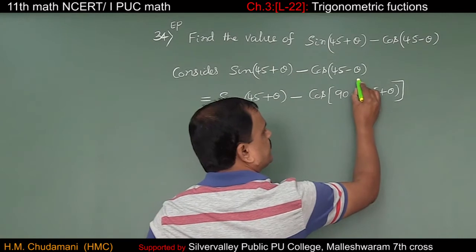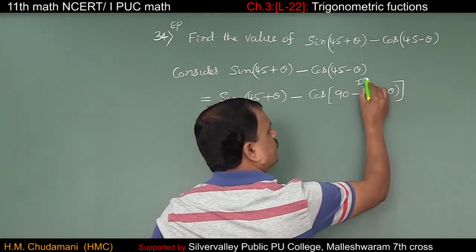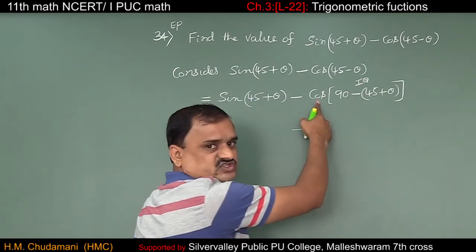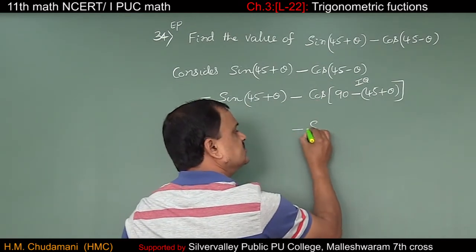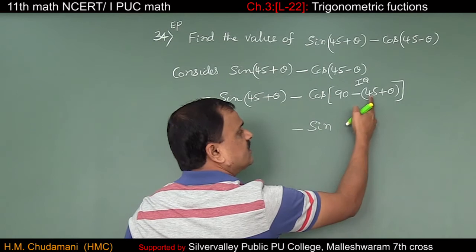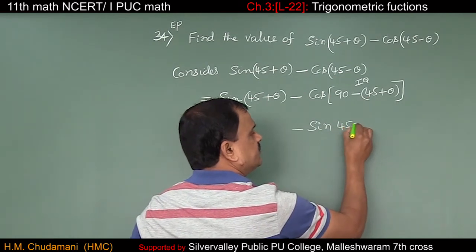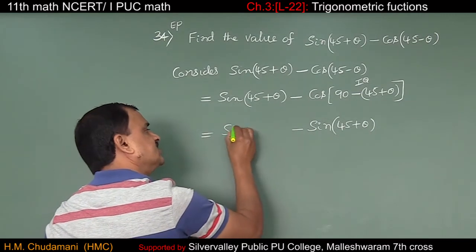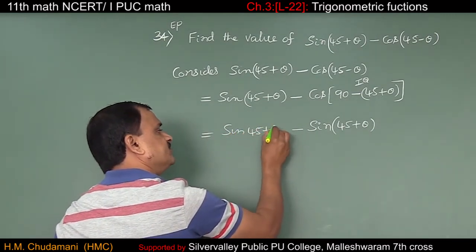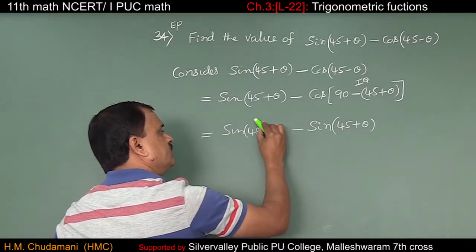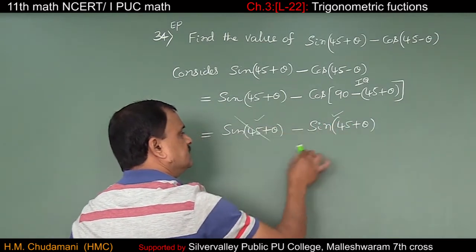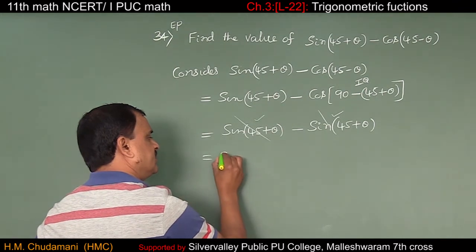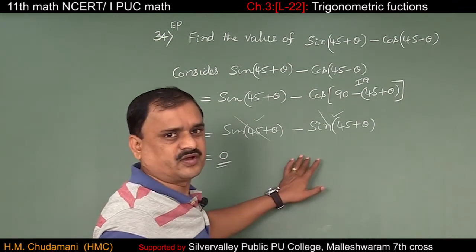This is of the form cos of 90 minus theta. 90 degree means the trigonometric function changes. Cos changes to sin. Theta is what? 45 plus theta. So the first term is as it is, this is positive and that is negative. Both get cancelled. We are left with 0 as the answer. This is one of the methods.